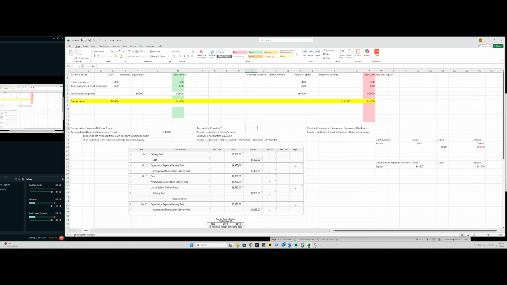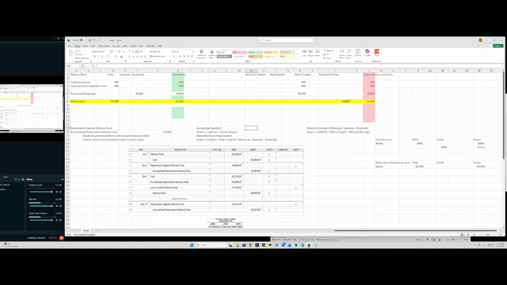You can see it will decrease a specific part of the balance sheet, retained earnings, because depreciation decreases retained earnings. Retained earnings is essentially the equity, how much the owners are going to get back. It's not liabilities, but it's going to lower that amount based on the depreciation expense.